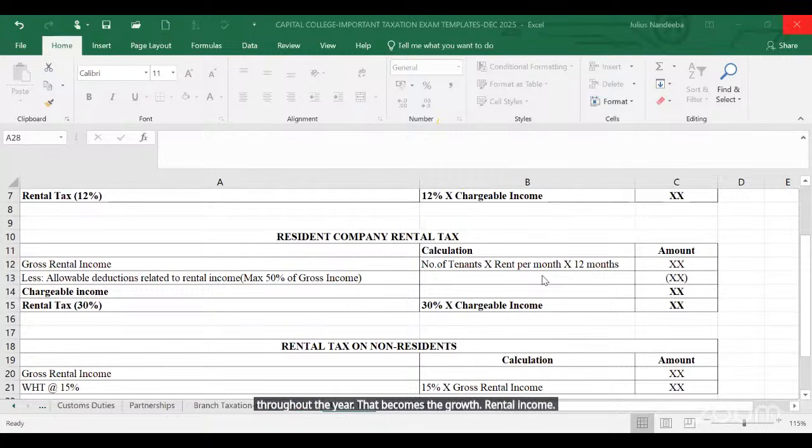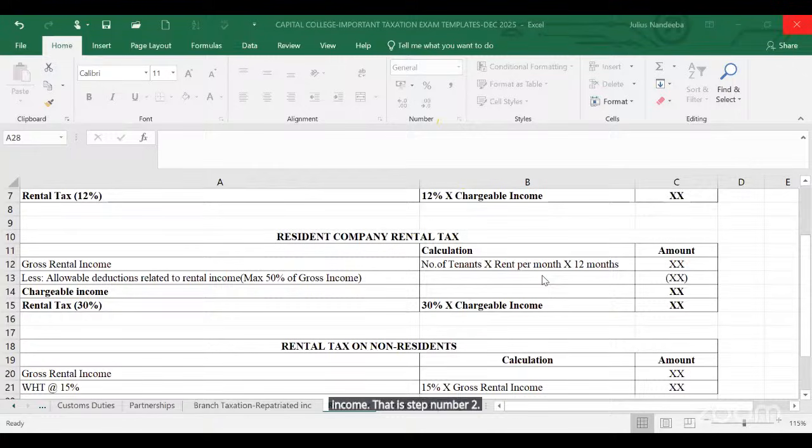Step number 2, I must divide this income among the partners using the profit sharing ratio, so that each of the partners has a part of that income. That is step number 2.